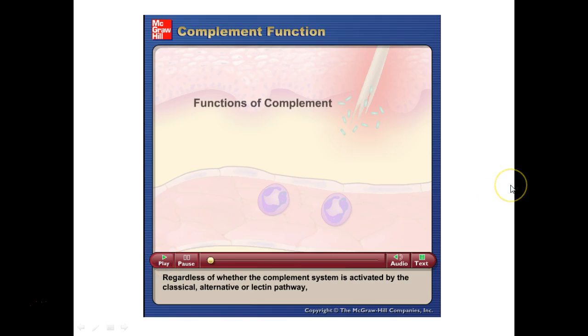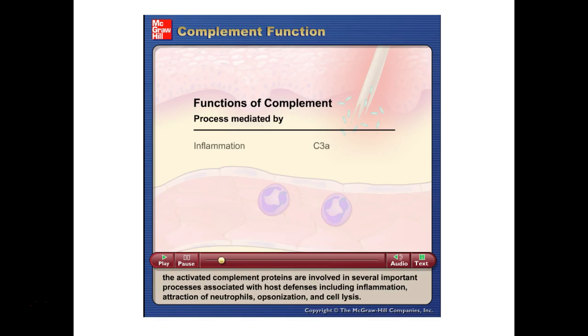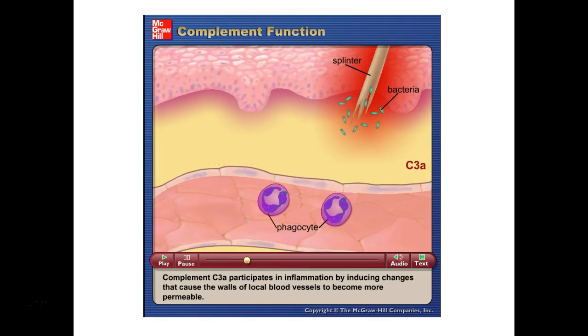Regardless of whether the complement system is activated by the classical, alternative, or lectin pathway, the activated complement proteins are involved in several important processes associated with host defenses, including inflammation, attraction of neutrophils, opsonization, and cell lysis. Complement C3a participates in inflammation by inducing changes that cause the walls of local blood vessels to become more permeable.